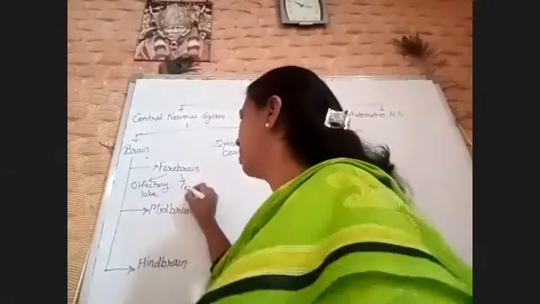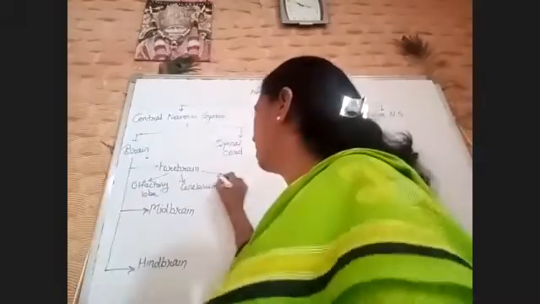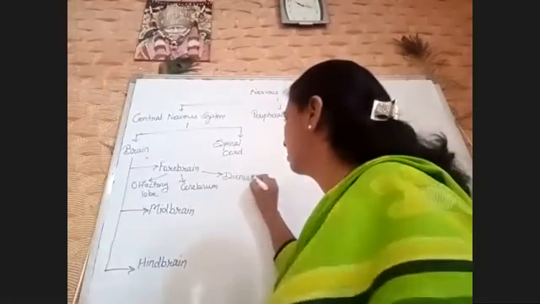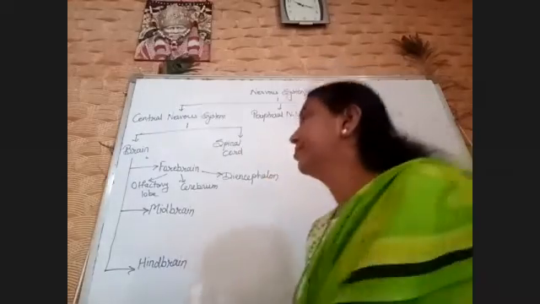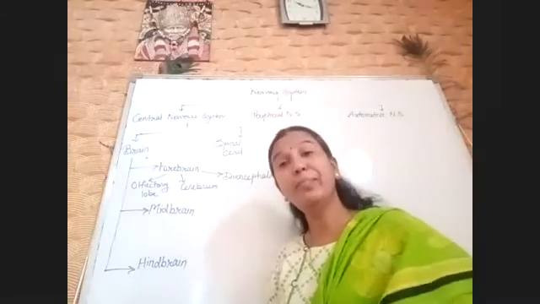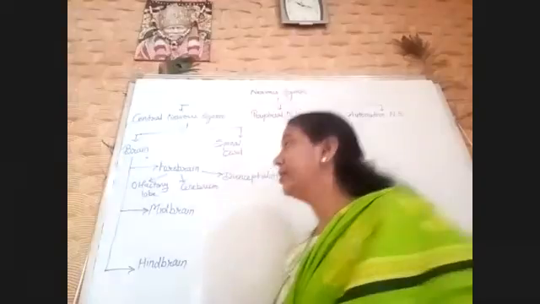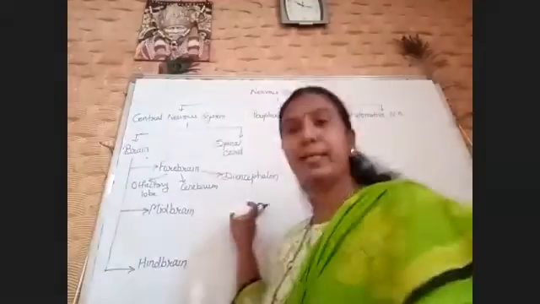Second is cerebrum, and the third one is the diencephalon. These are the 3 main parts of this forebrain. What are they? Olfactory lobe, cerebrum, and the diencephalon.